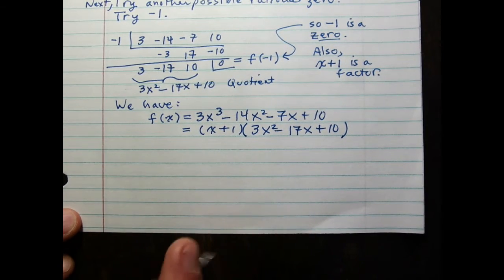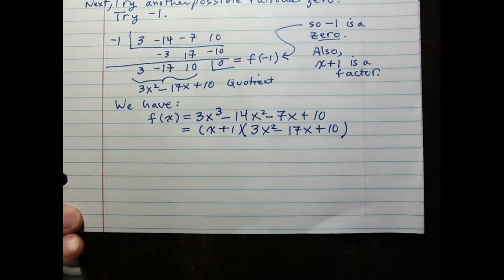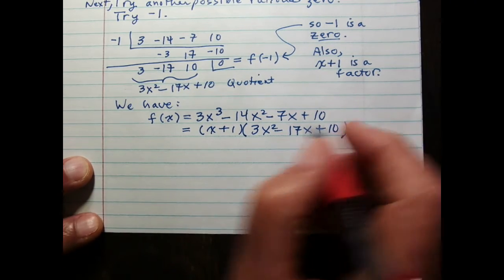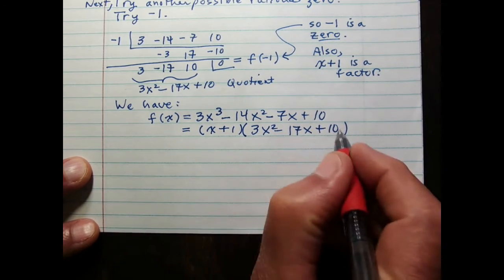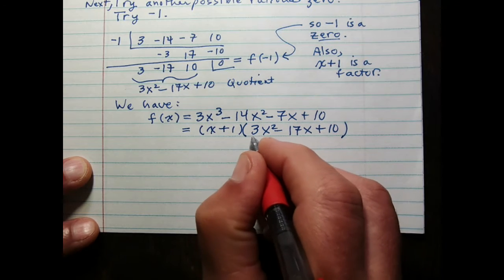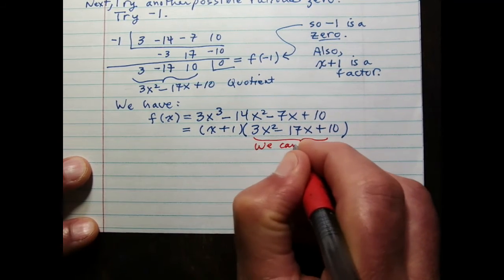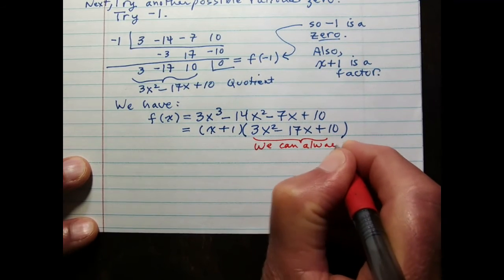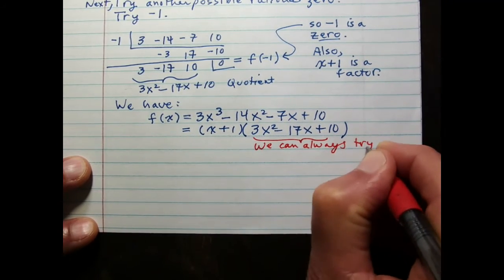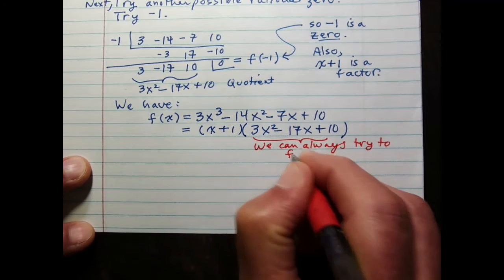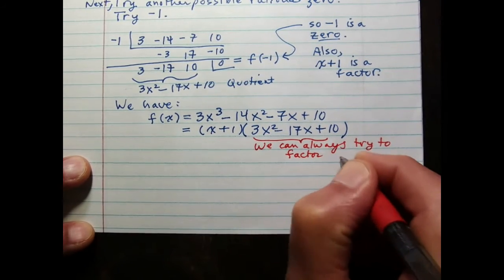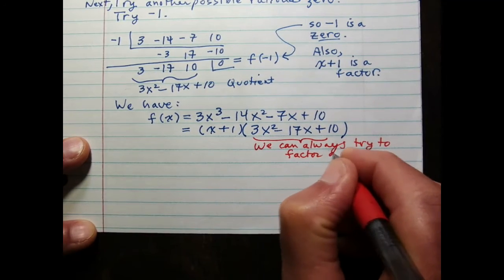Now, whenever we get a quadratic, so we got a quadratic factor at this point, we can always try to factor by hand a quadratic factor.